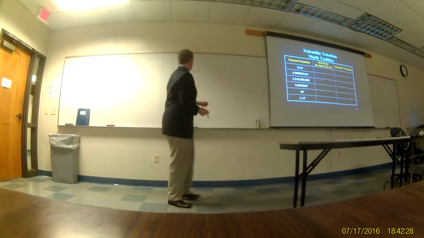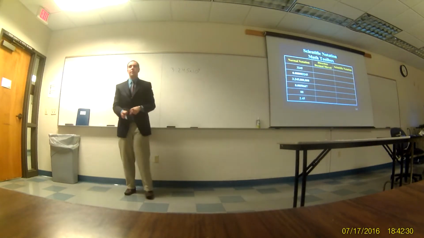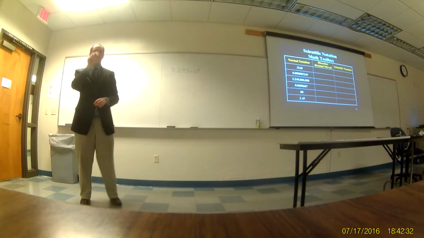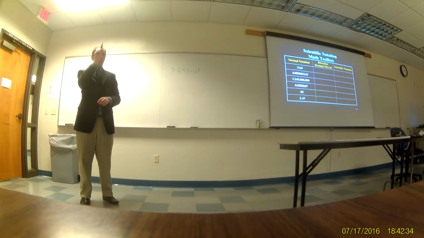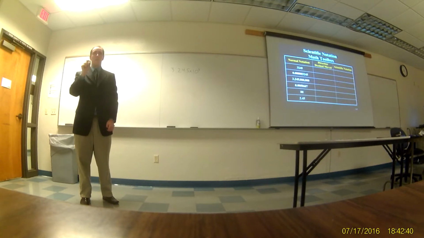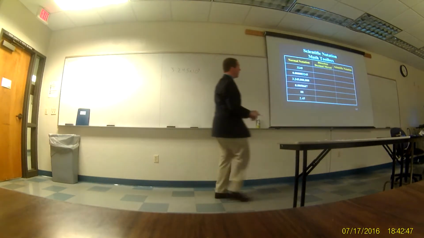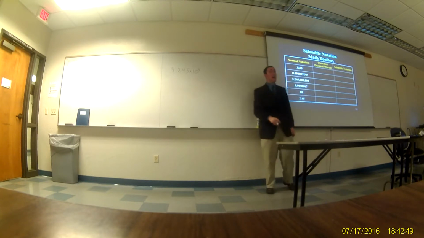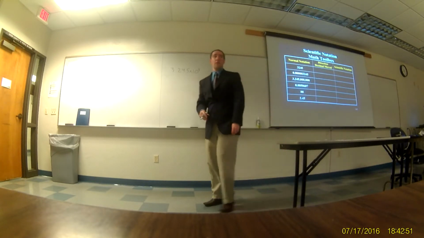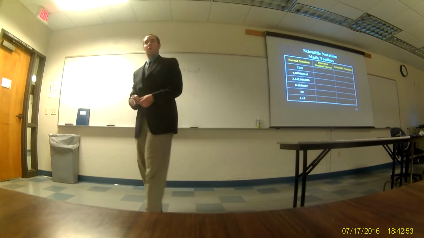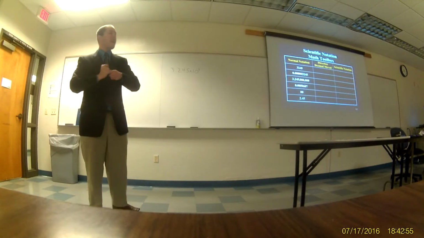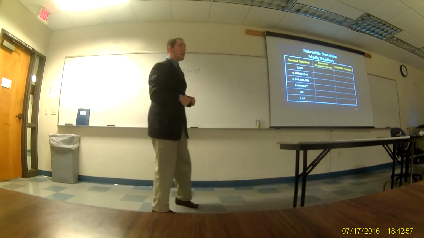I see people taking your pen and doing this. Do that. If it's up here, do it. If it's on your paper, use your pen and do that. Especially when you get to these bigger numbers, if you try to eyeball that, you're going to get one wrong. So you may feel stupid doing it, but you're not stupid.